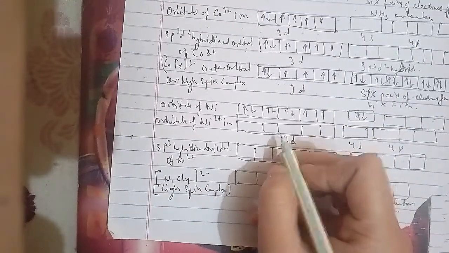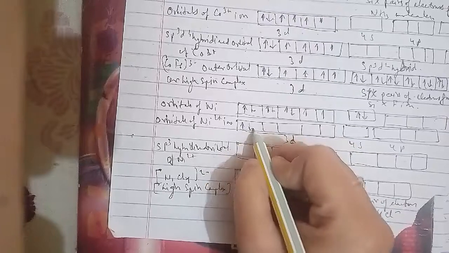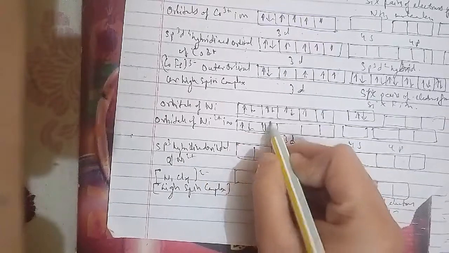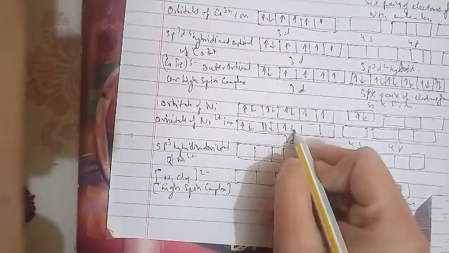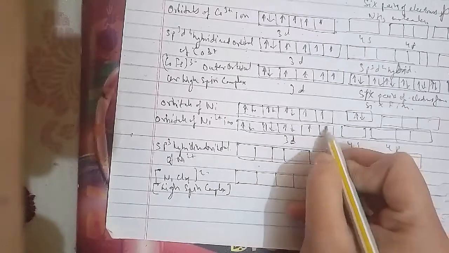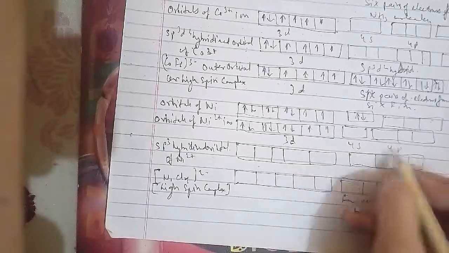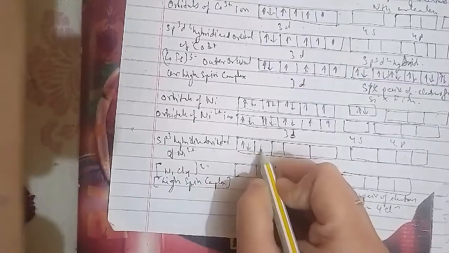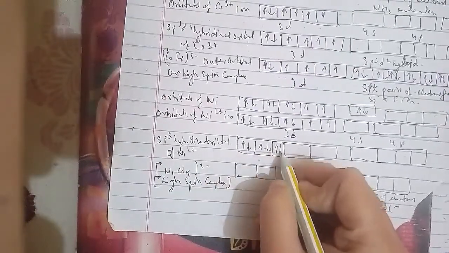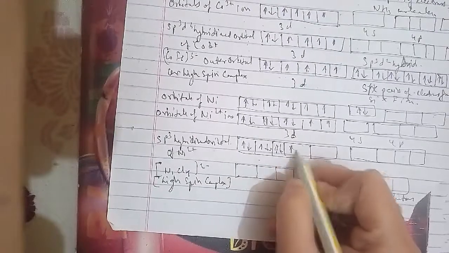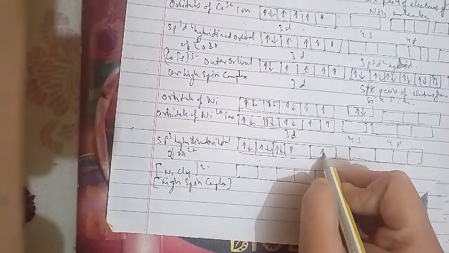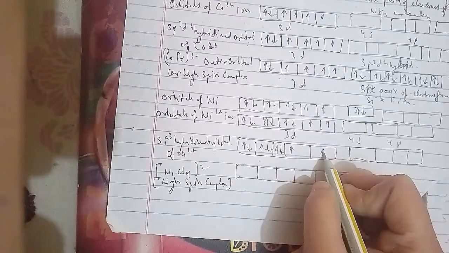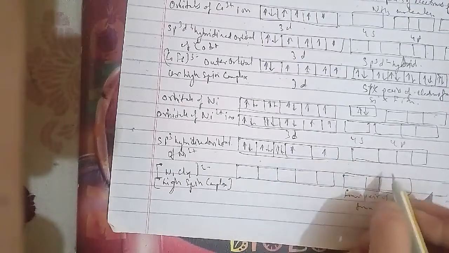Then again for another filling we have 4s and 4p for this. And we have again another one that has been represented here as well.